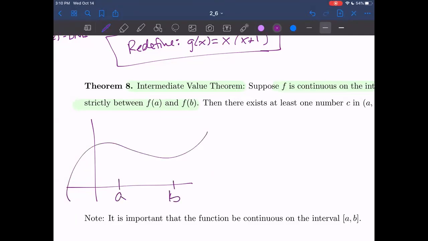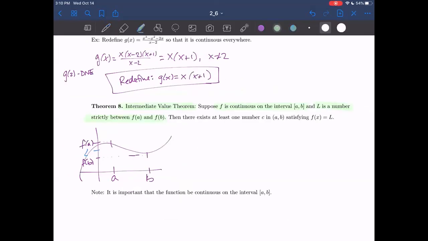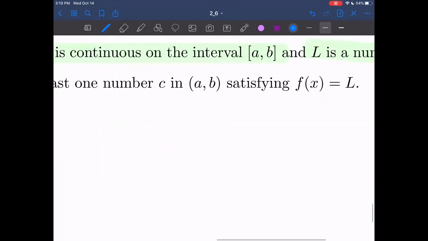And L is some point, so we've got f of a, our y value for that one, and f of b, our y value for this one. So L is some point in between these two. So then there exists at least one number, C, that's in between a and b, such that f of C equals L. This should be a C.